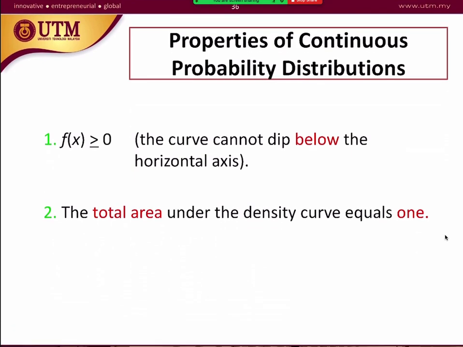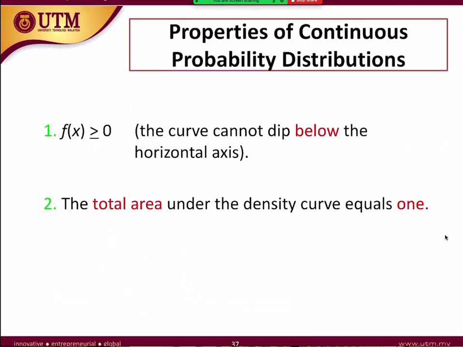Again, the properties or rules of continuous distribution are similar to discrete. This is a bit different compared to discrete, where usually the p values are between 0 to 1. For this one, the fx value is always more than or equal to 0.